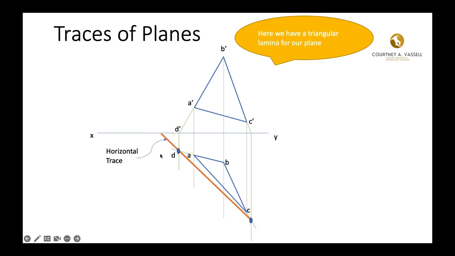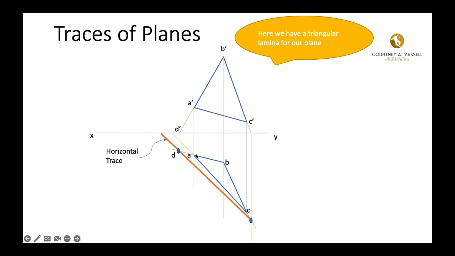Now, to get the vertical trace, similar to what we did up here, we want to extend a side. So we could use AB. We could extend AB, but is that the convenient one? Not necessarily. We could also extend BC, but would that be convenient? It's up to you. I think AC is more convenient right here.